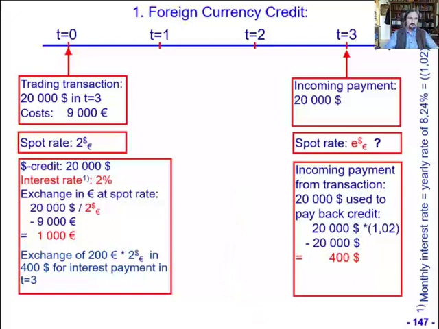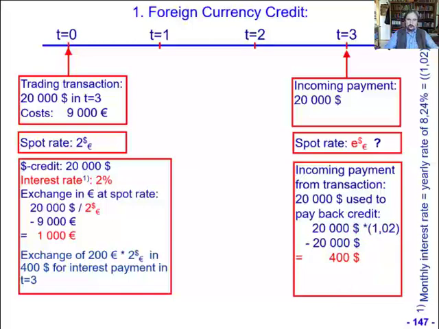However, we have also to pay the interest. If the interest rate is 2%, we would have to pay a total amount of interest in dollar to the American commercial bank equal to $400. 2% times $20,000 is 400.